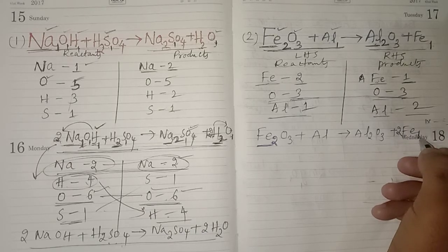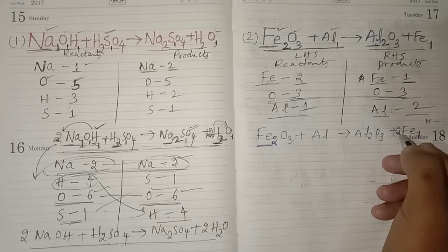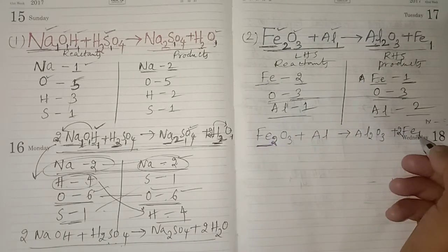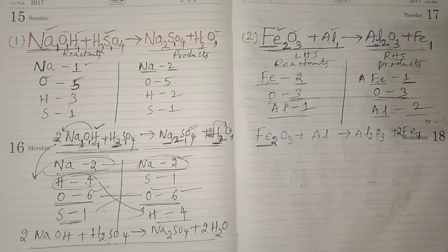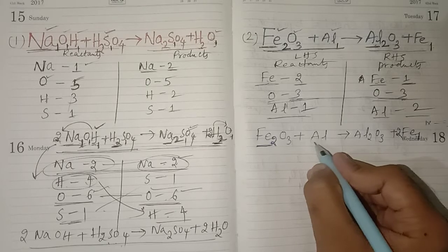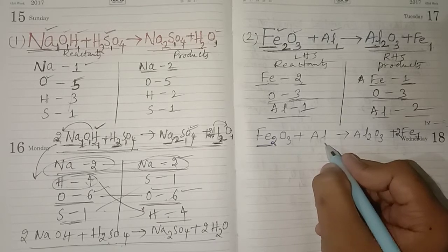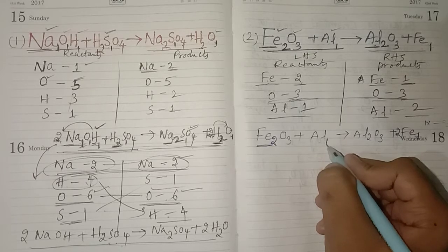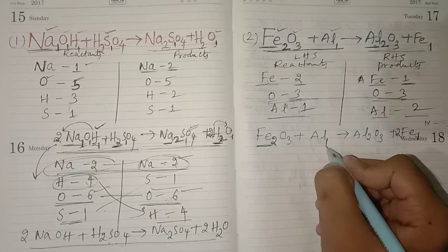When you multiply the number of atoms by the coefficient, 1 into 2 equals 2. So the number of atoms of iron at reactant side is equal to the number of atoms of iron at product side. We have balanced the iron atoms here. Then check the aluminium here, how many aluminium atoms at reactant side? No value is there, so we have to consider 1.